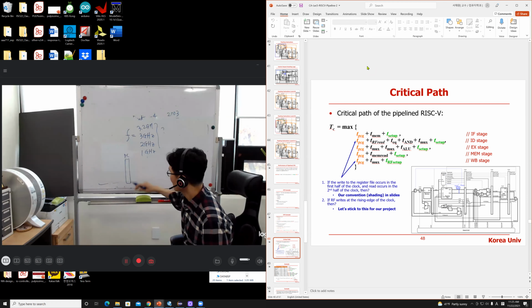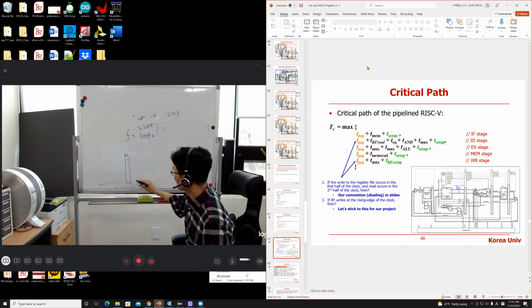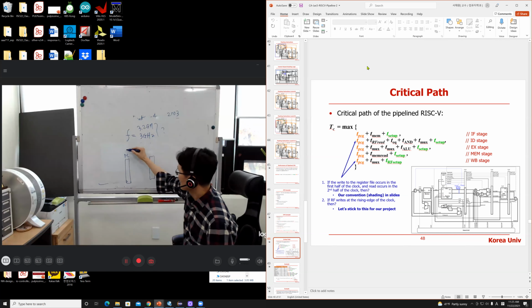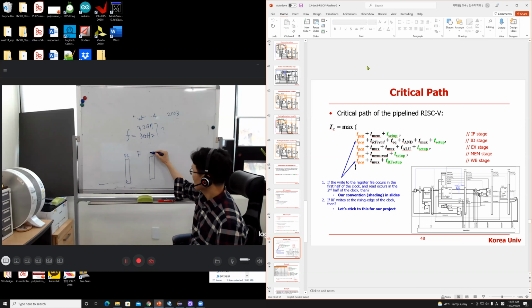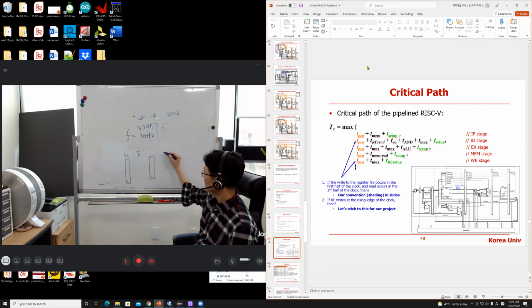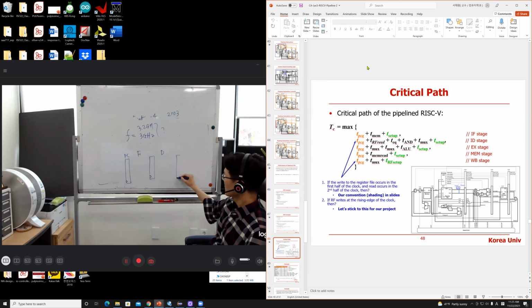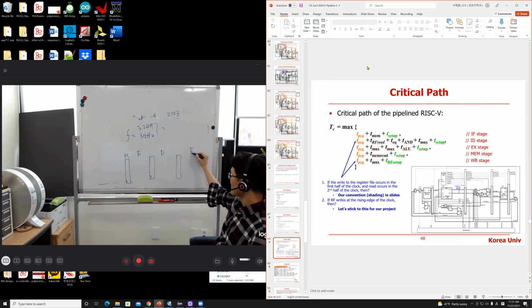So you have the PC, the program counter, then the fetch stage, then a pipeline register, the decoding stage, then the execution stage, and so on.